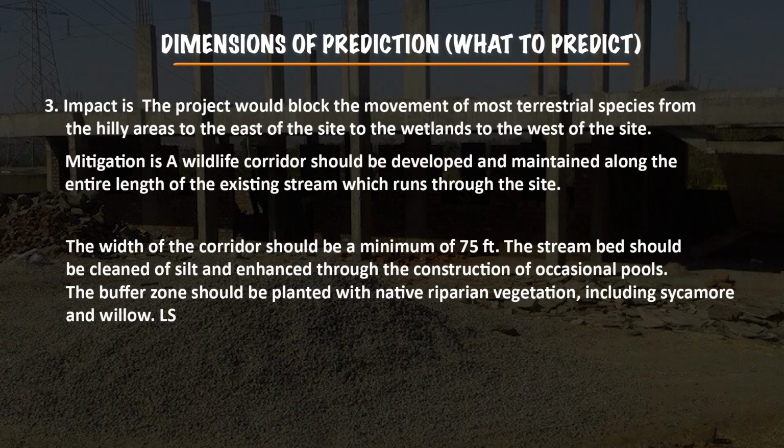The stream bed should be cleaned of silt and enhanced through construction as well as the occasional pools. The buffer zone should be planted with native riparian vegetation, which includes sycamore and willows. These measures address significant unavoidable impacts as well as less than significant impacts.